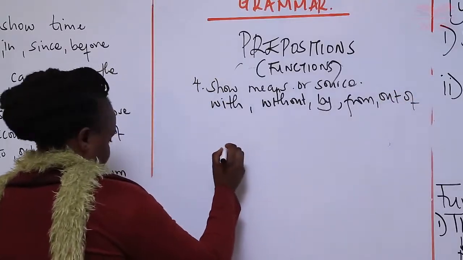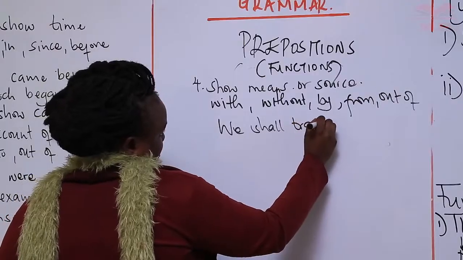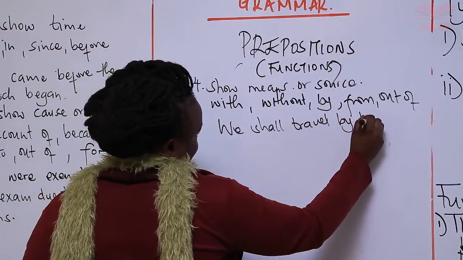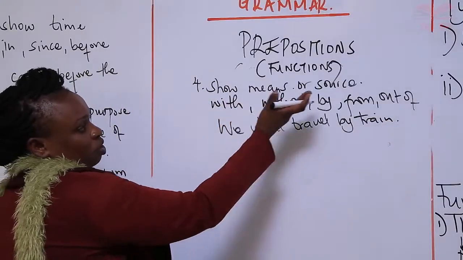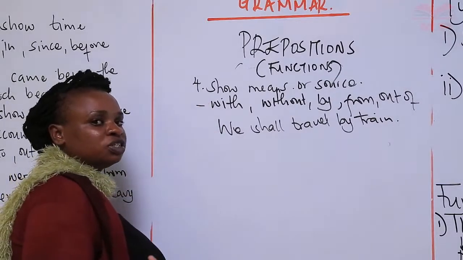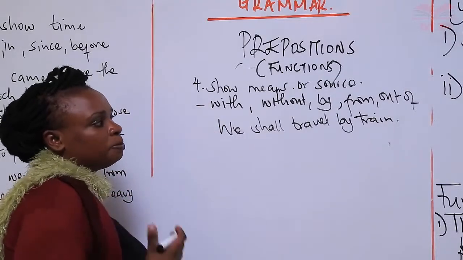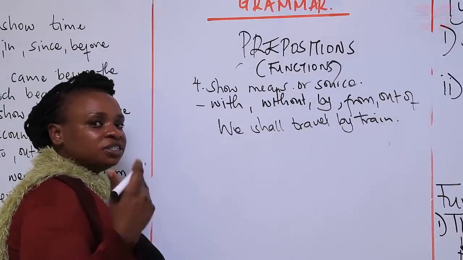So that we have, we shall travel by train. So it's used to also show means or source, and those prepositions that show that are with, without, by, from, out of. We shall travel by train.